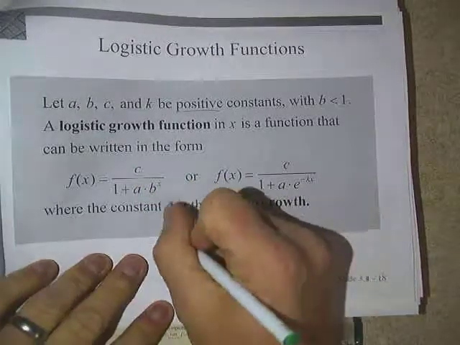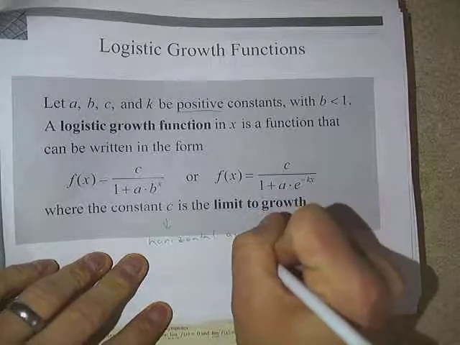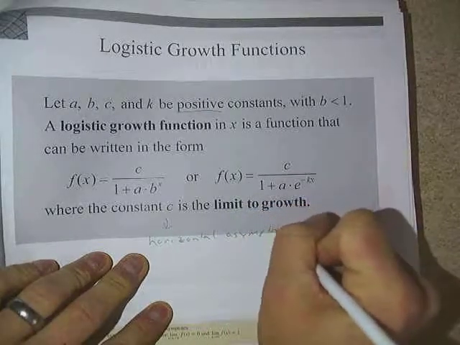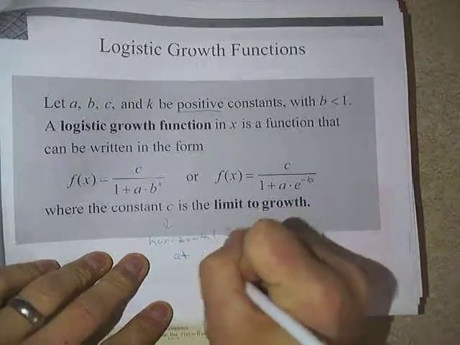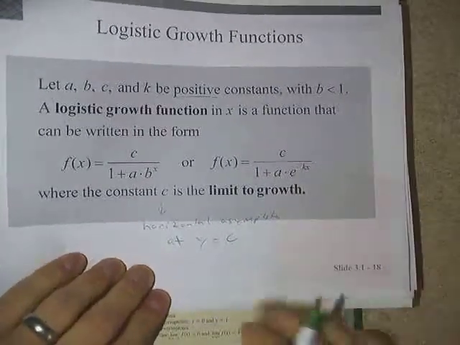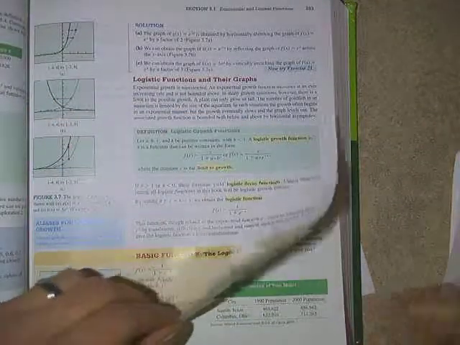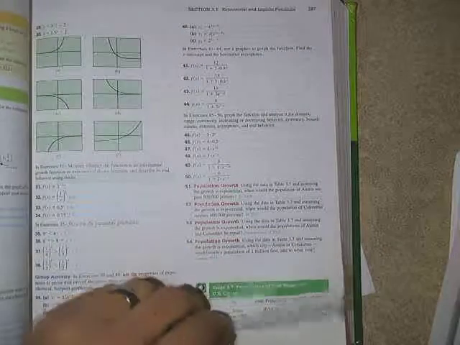This limit to growth means that there's going to be a horizontal asymptote for this function, and it's going to be at y equals c. So ultimately that translates to a horizontal asymptote at y equals c.